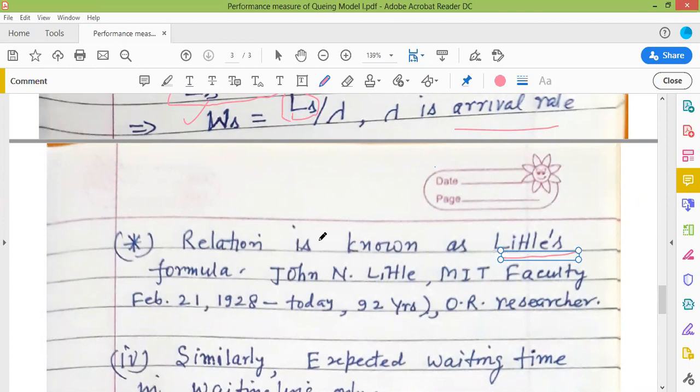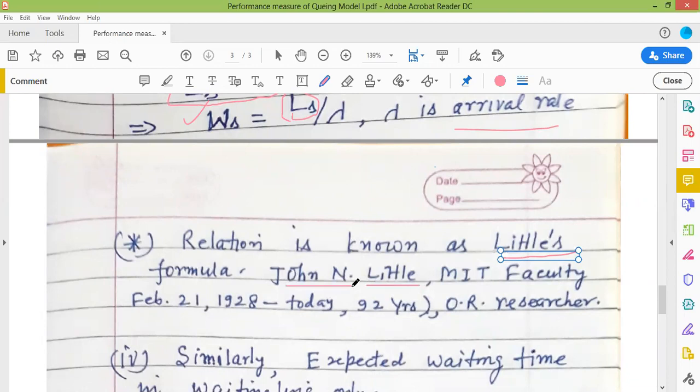Gavaskar got the title of the little man in the field of cricket. Gavaskar was given the name little because of his height, but for this professor, Little is his title, and his name is John D. C. Little.